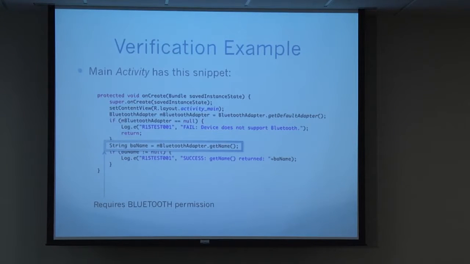And so let's do sort of a basic example of a case of where you need permission and the failure versus success. So here I have an onCreate method, which is part of an activity. And basically, I get a handle to the Bluetooth adapter, and I am just attempting to call getName. This getName method requires the Bluetooth permission.